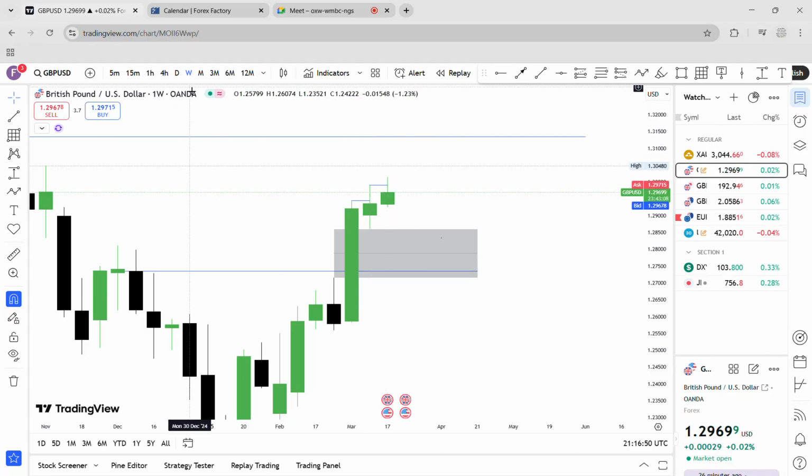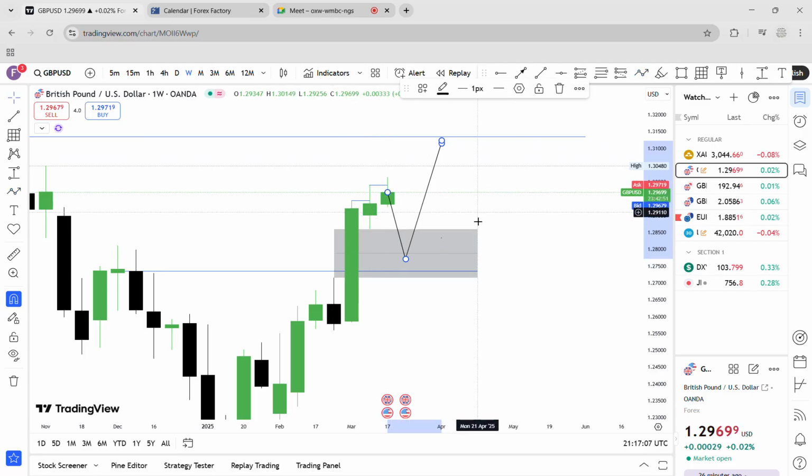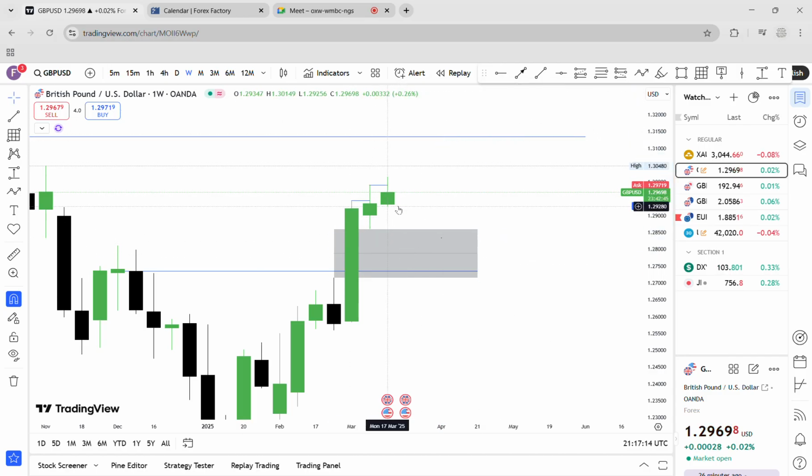I know tomorrow is the last day of the week. We don't know if we're going to trade above this area. It's possible, but last week we didn't trade above this area, so we were expecting price to come here to continue higher because we already created this fair value gap last week with this candle. So we were expecting lower prices to come back here and continue price to the upside, but we didn't get that this week yet. So maybe from tomorrow and next week we might be seeing something like that.